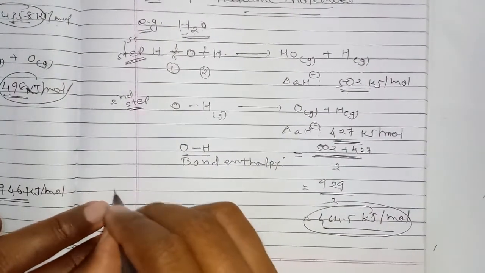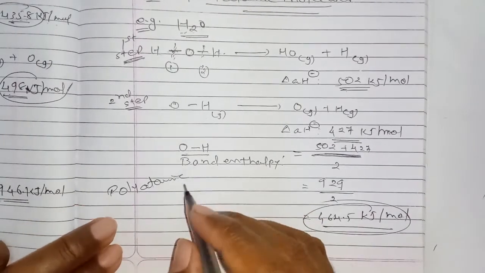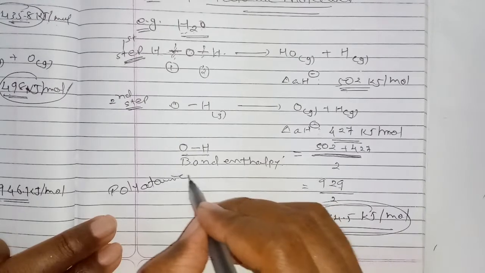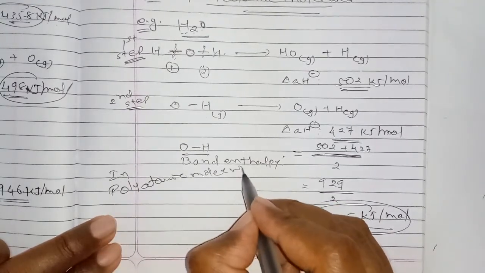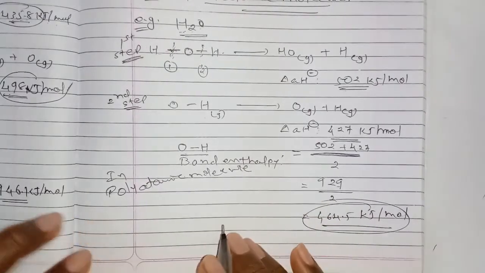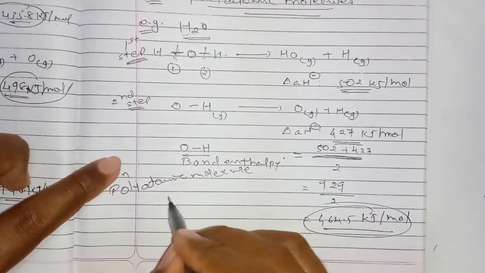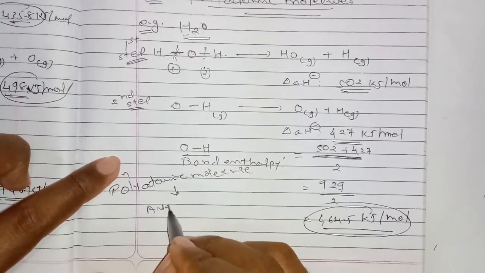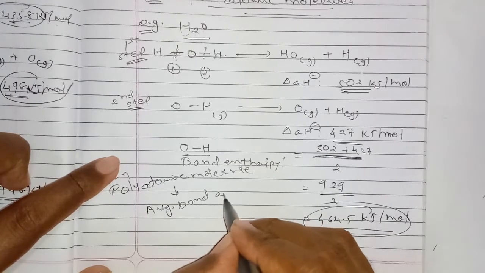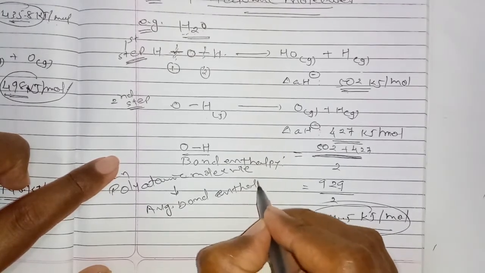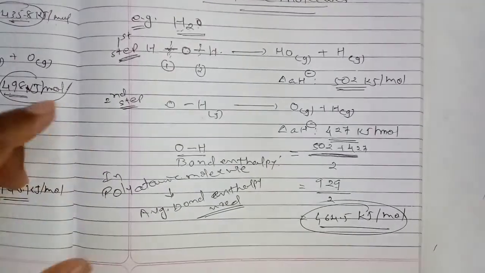Therefore, in a polyatomic molecule, average bond enthalpy will be used.